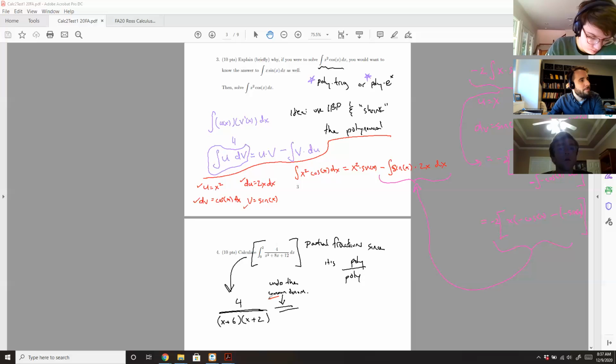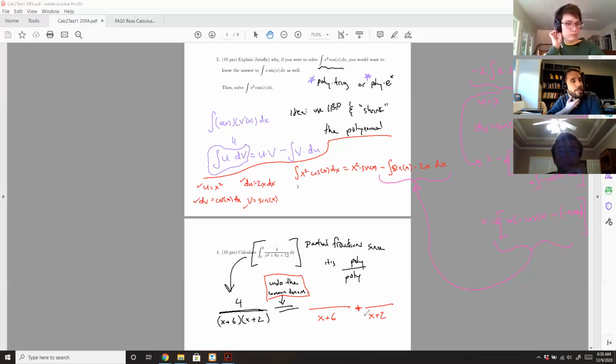Right, and that's where the name partial fractions comes from. We have this combined fraction and we're trying to split it back up into its previous partial fractions. What that meant in this case was that we wanted to find a way to write it as a fraction of A over x plus 6 plus another fraction B over x plus 2.